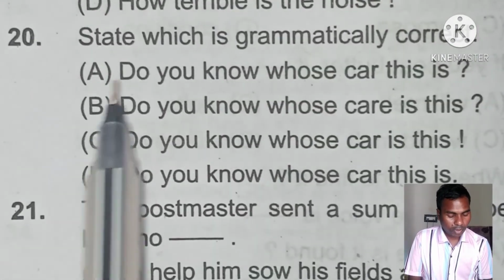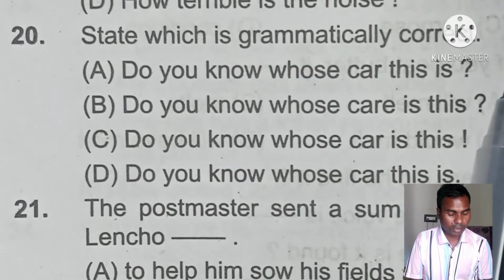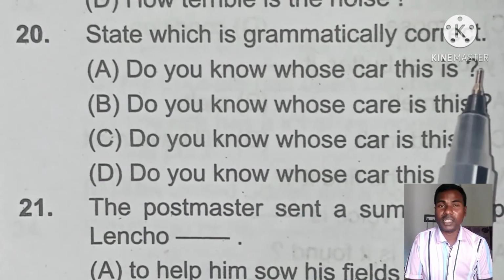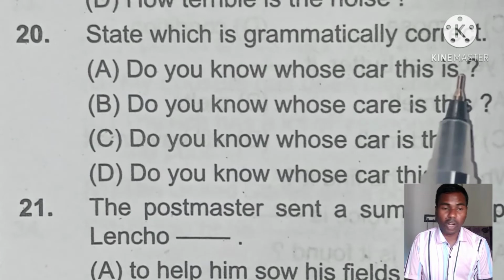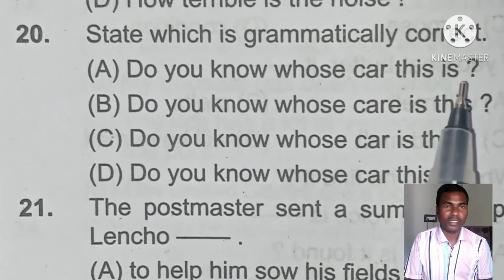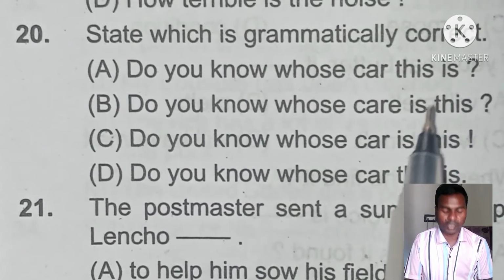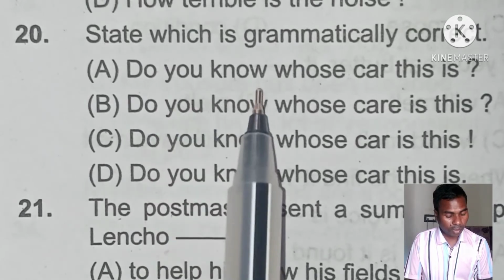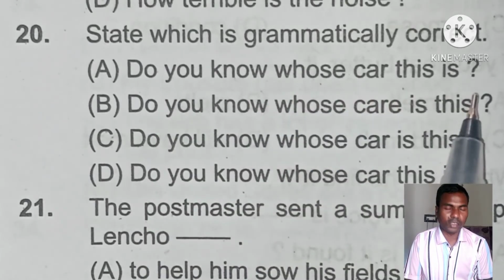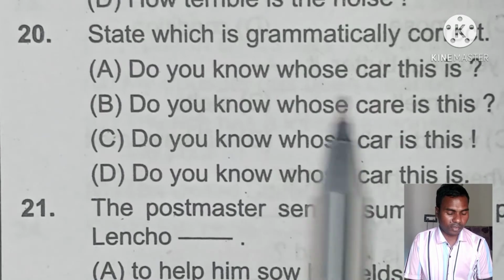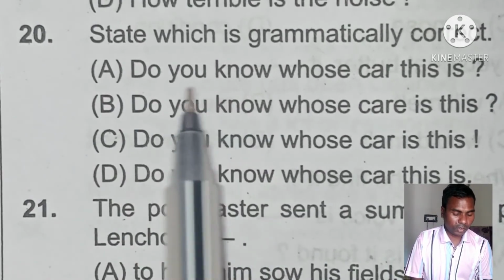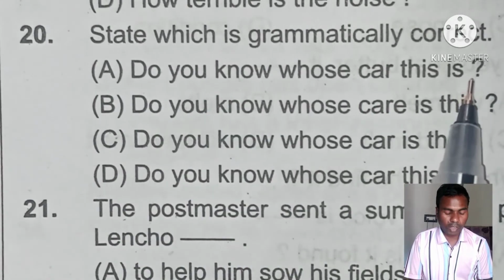This is your 20 number. State which is grammatically correct. You have been given another sentence and you are asked to single out the grammatically correct sentence. Do you know whose car this is? Do you know whose car is it? Is it correct? Let's see.